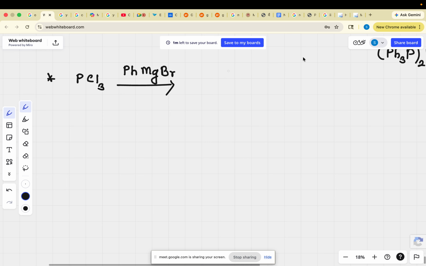Ph minus will attack the phosphorus center. Chlorine will leave. So what you will get? PPh3. If you use 3 equivalents of this phenyl magnesium bromide, you will get PPh3.